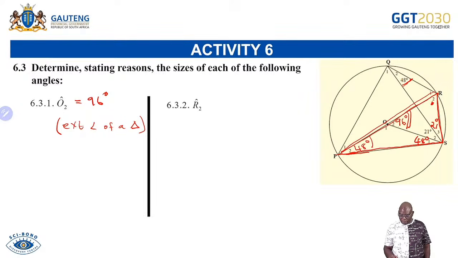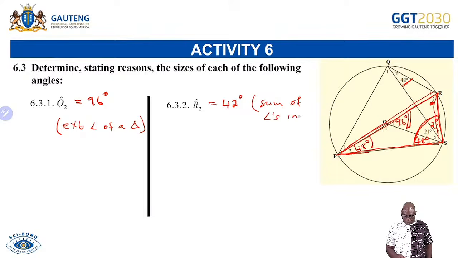I've got 48 here, I've got 90 there. What will be the angle there? So R2 will be 42 degrees. Why am I saying 42? Because this whole thing is 90 plus 48 in a bigger triangle there. So that should be 42. So it will be sum of angles in a triangle. I can still do it with Q2, it's not a problem. There are so many ways of getting this angle, so I can get that value of R2.